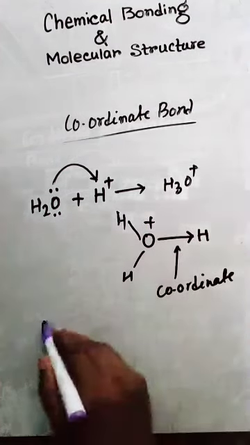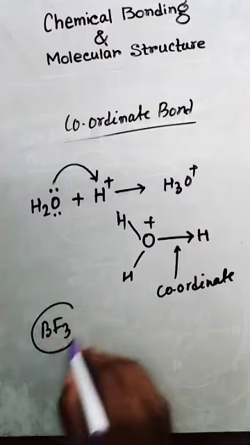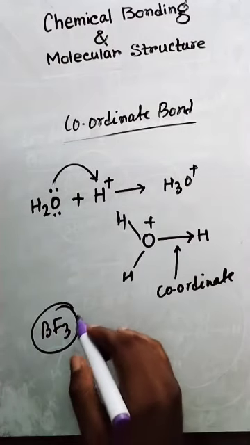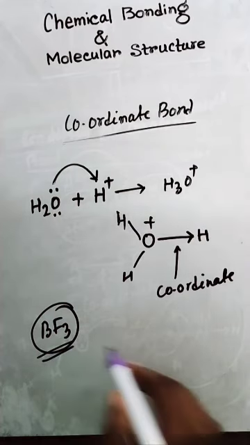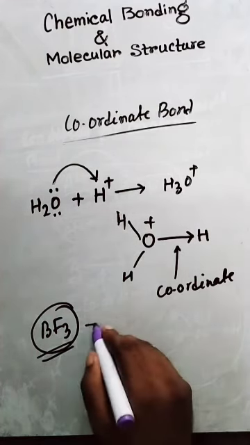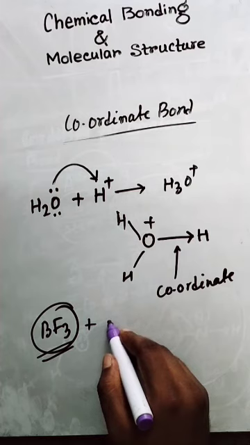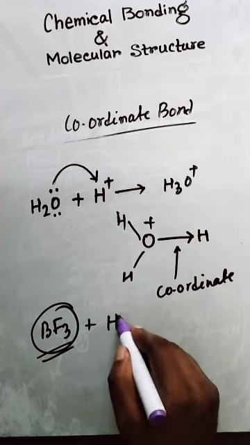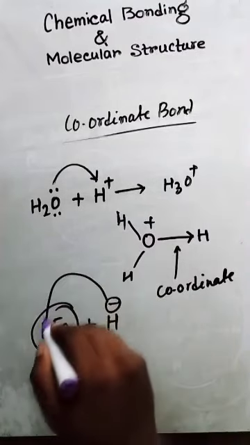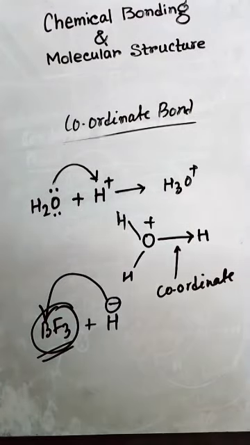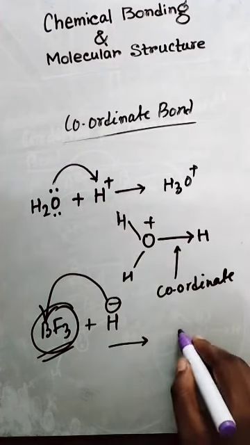Similarly, the BF3 molecule. In BF3 there is a vacant p orbital. So when the BF3 molecule comes in contact with some electron-rich molecule, it may accept electrons from the negative charge or lone pair of electrons, and again they produce a coordinate bond.